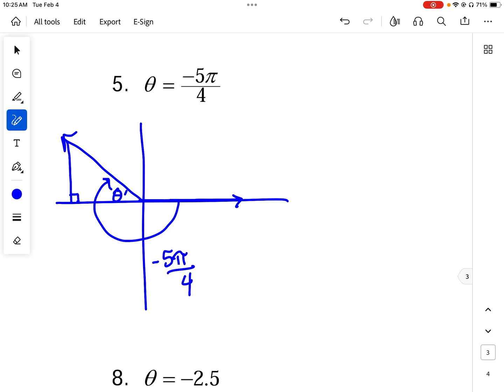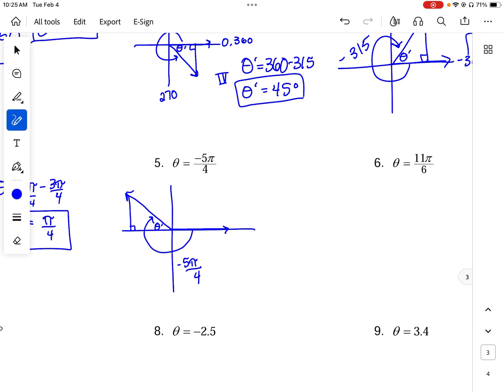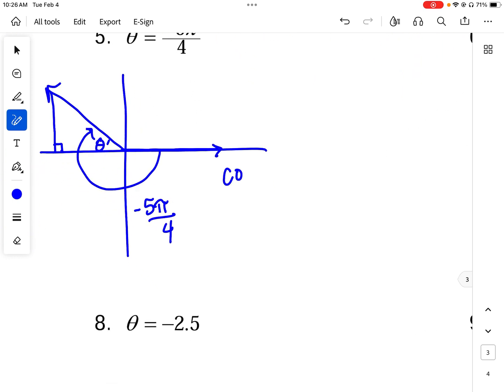Theta prime. Then we would use the rule theta, the negative 5 pi over 4, minus 180, which really means we need to just find our coterminal angle. So let's do that.